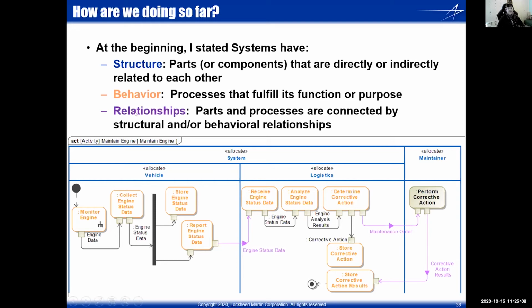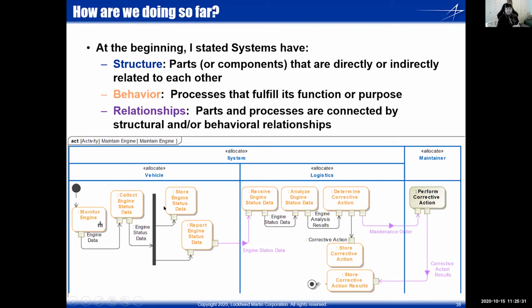And I've gone through this whole functional analysis stuff where I try to put myself in the position of a customer. I try to put myself in the maintainer's shoes and think about what would the maintainer want? What does the customer want? What do I think the vehicle should do? And try to think of a logical flow to go through here.